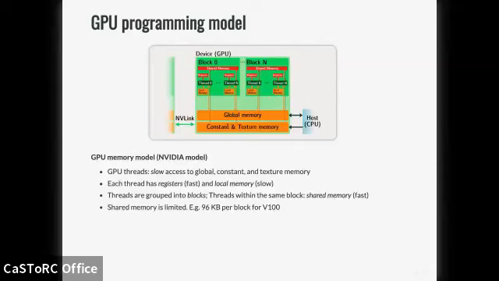So we are going to distinguish between two kinds of memory, just focusing on the GPU. There's so-called global memory and constant and texture memory, which is similar. But then there's also shared memory, which is faster on the GPU.